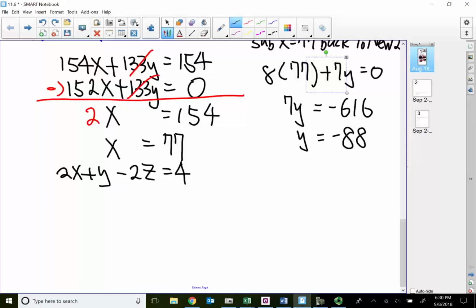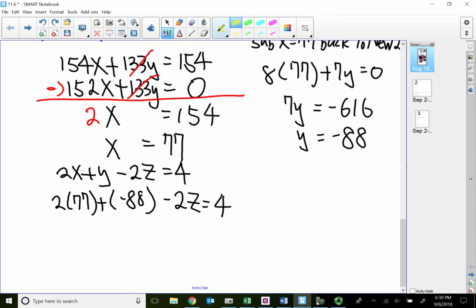So now I'm going to substitute the x I just found and the y I just found in here. Let's see what I get. 2 times 77 plus negative 88 in a parenthesis minus 2z equal to 4.